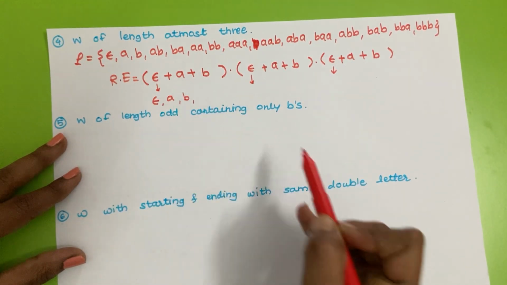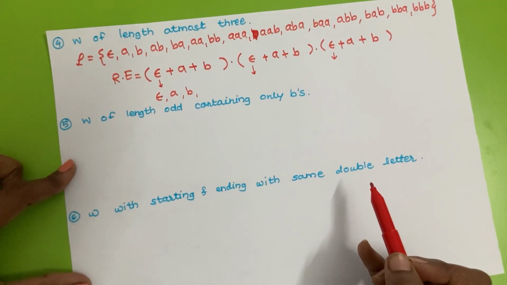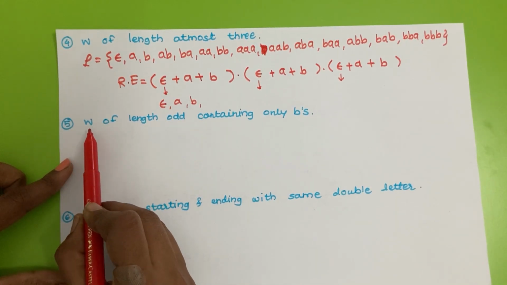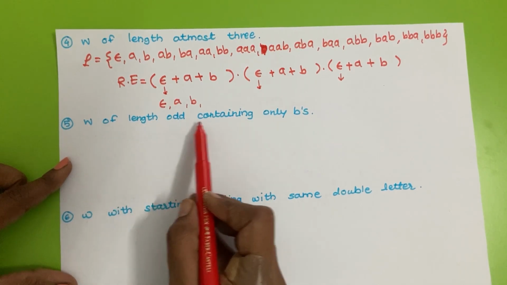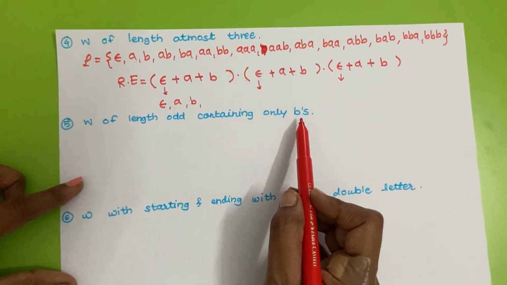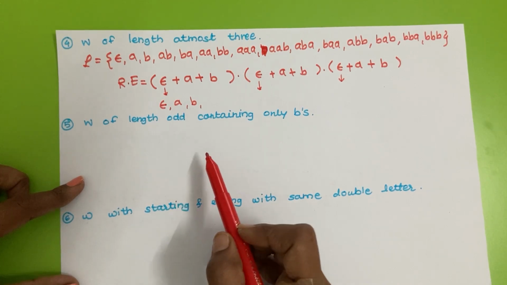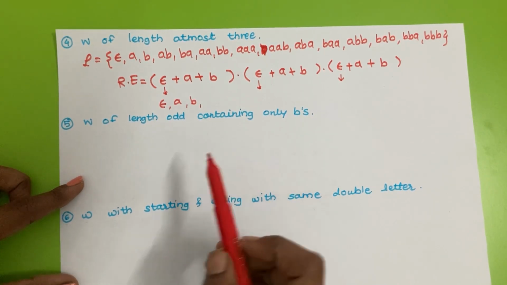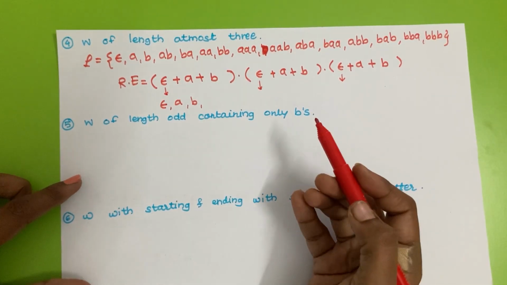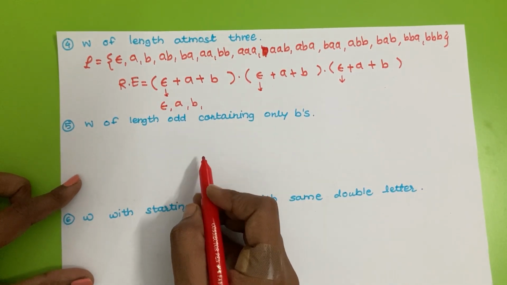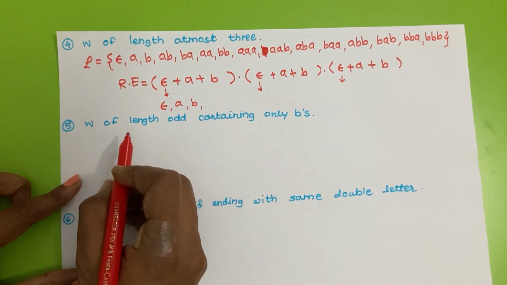So this will be our final regular expression. Next language: we have to accept the words containing only b's. This will be the same as the previous example of odd length. Here we want b's only of odd length.